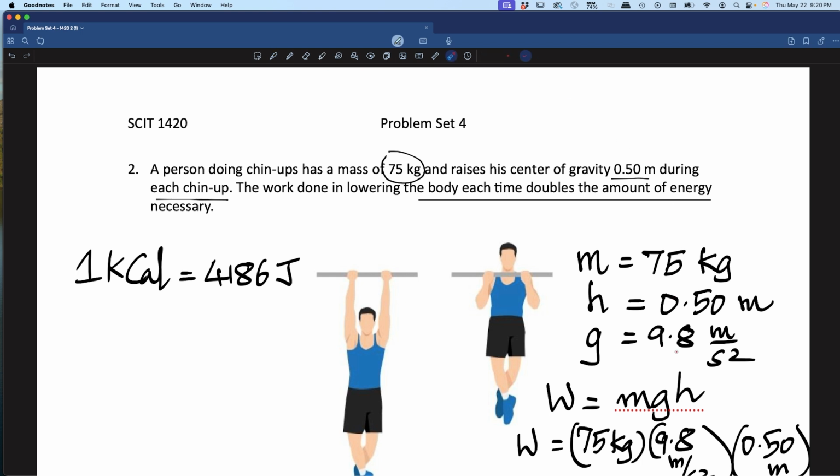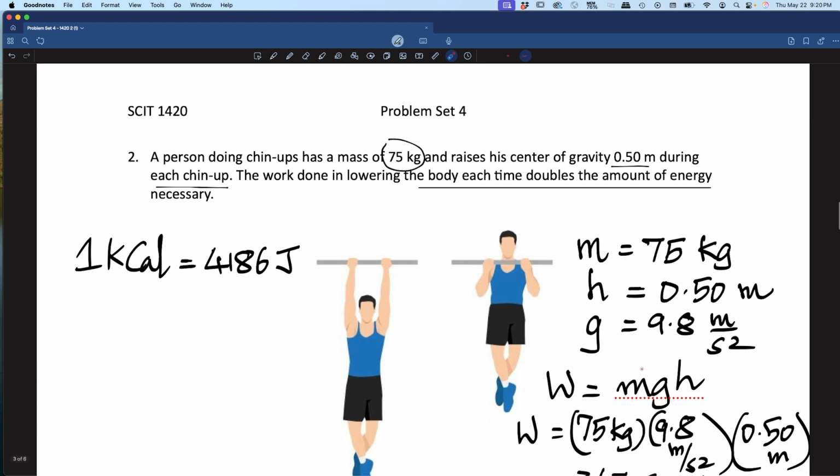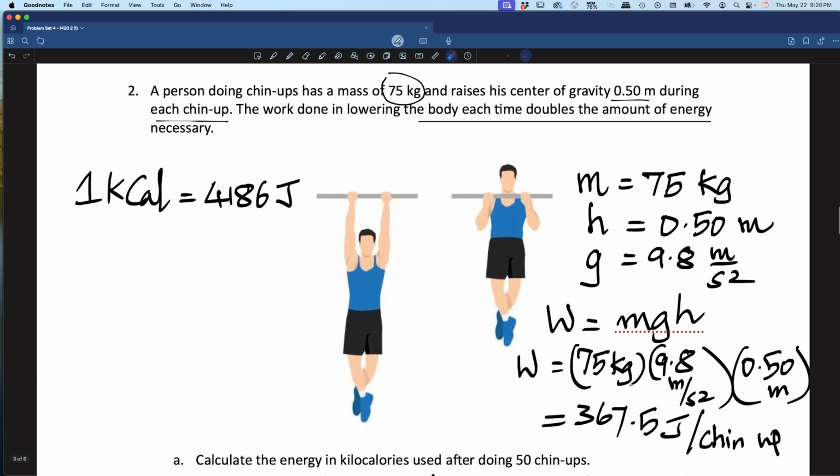And work done in this case is mgh, because the weight of the person times the height gives you work. So that means it's 75 times 9.8 times 0.5. I've given you the answer. That's 367.5 joules per chin-up. So that's for one chin-up.